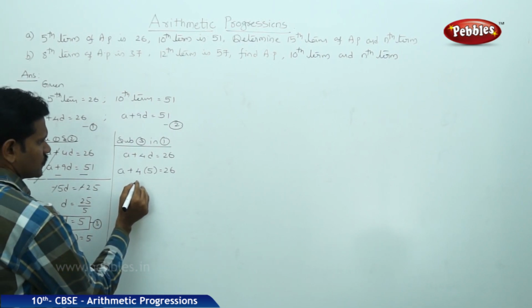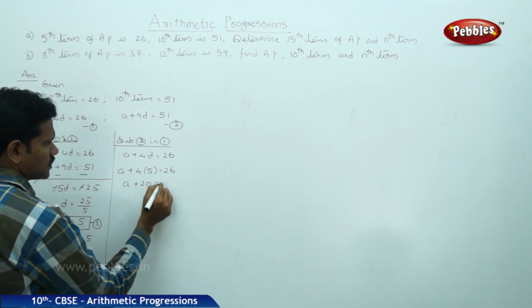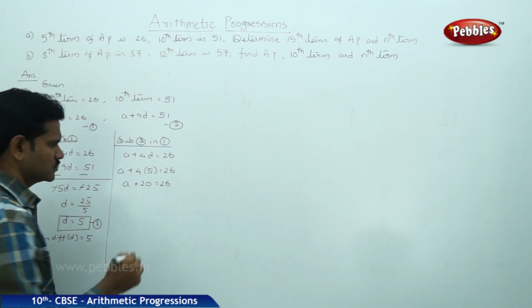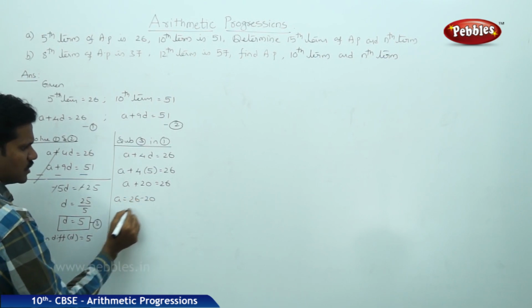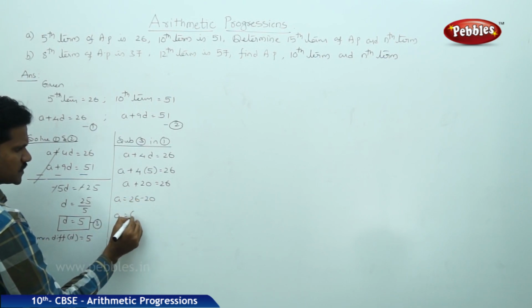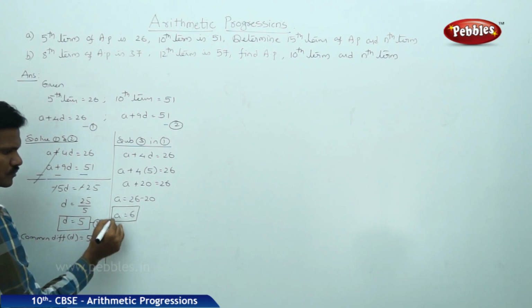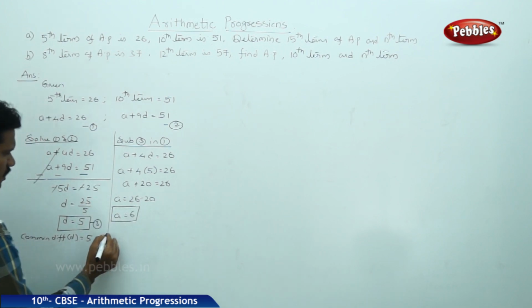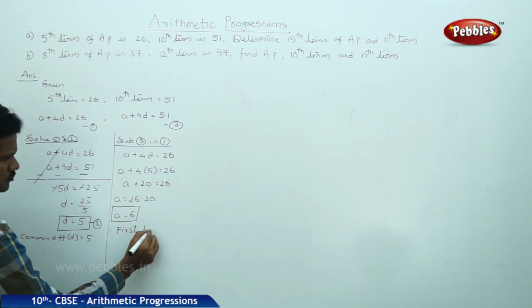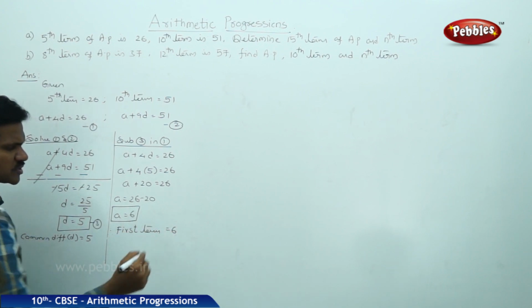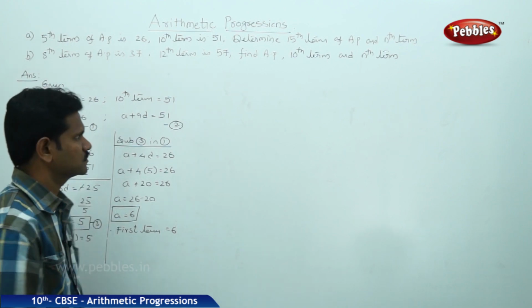That is a plus 20 is equal to 26. a is equal to 26 minus 20, that is a is equal to 6. Therefore, a, the first term, is equal to 6.